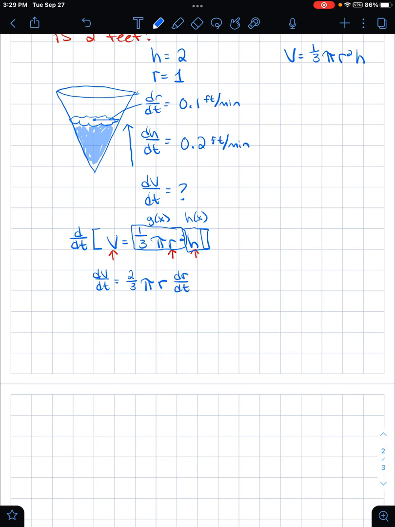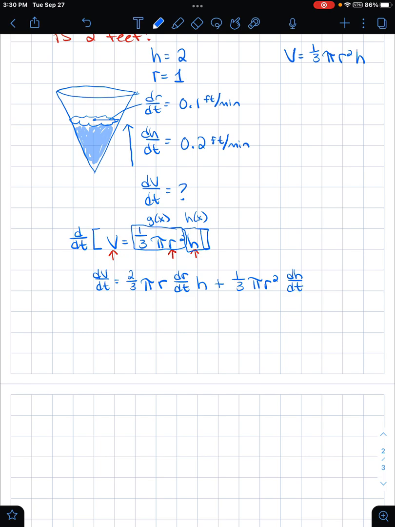So I just used the chain rule on r squared. Now I'm going to multiply by h because I'm in the middle of the product rule still, plus g of x unchanged times the derivative of h with respect to time, which is dh/dt.